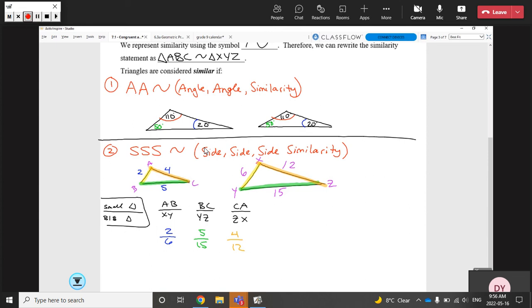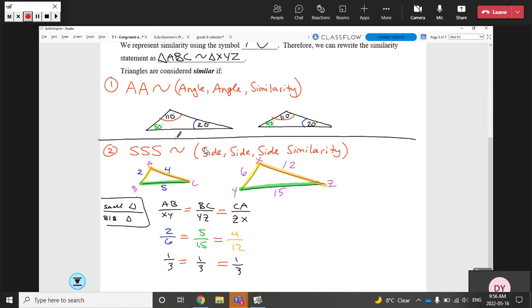Now what happens is that we're able to reduce each of these ratios. So 2 over 6 is really 1/3. 5 over 15 is really 1/3. And 4 over 12 is really 1/3. You see that? These are all, and I'm going to do this in red, these are all equal to one another.